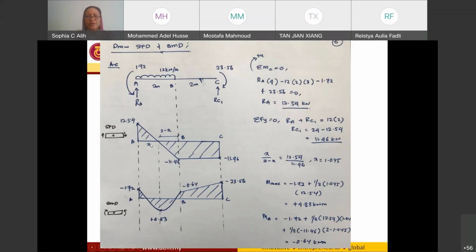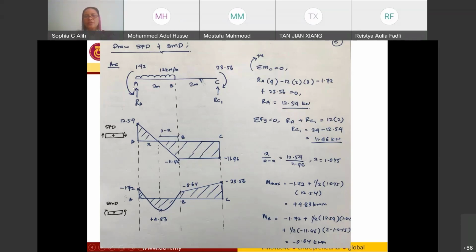For those of you who want to see the detailed procedure of the calculation of the support reactions, shear force and bending moment diagram, I have provided here the detailed calculation, and you can do it by yourself. How you can get the distance X, I have also provided here.